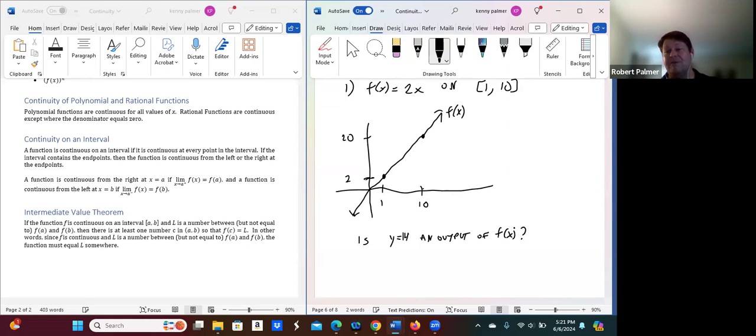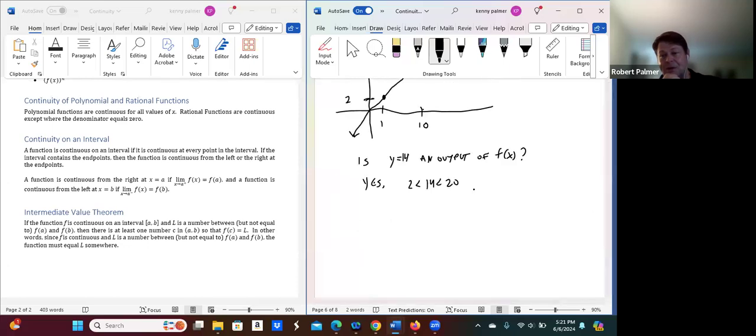In other words, is there some x I can plug in that's going to give a function value of 14? Okay. Well, clearly the answer is yes. It has to be, since this is a continuous function, because 14 is between 2 and 20, and f is continuous.